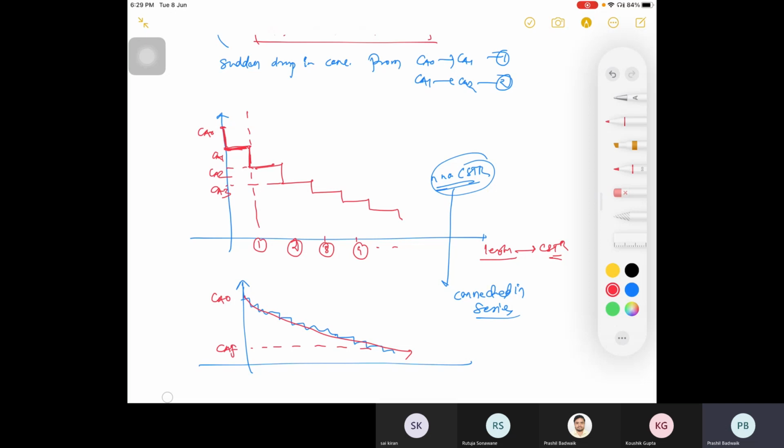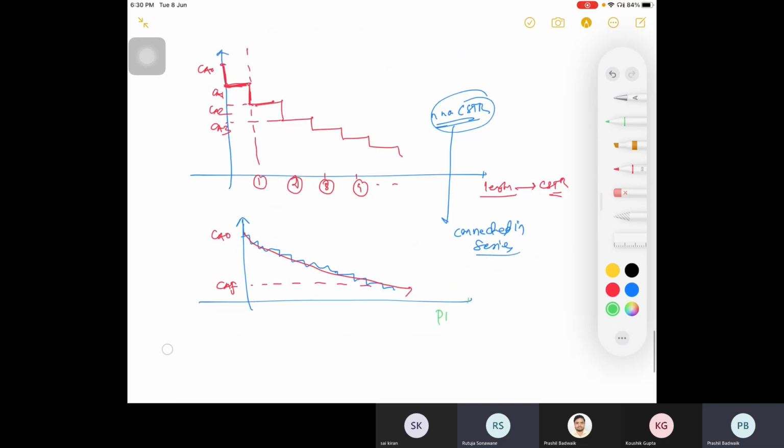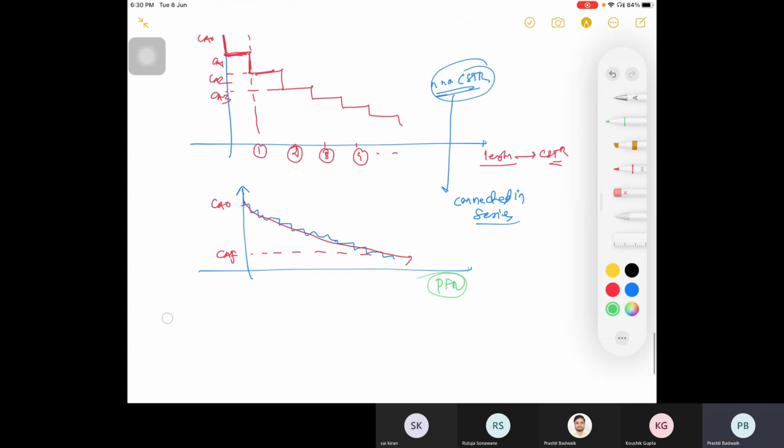And how does this graph look? It is similar to a PFR, right? So that's why I'm saying n number of CSTRs is equivalent to a PFR. The concentration profile is similar. This was the graphical method.